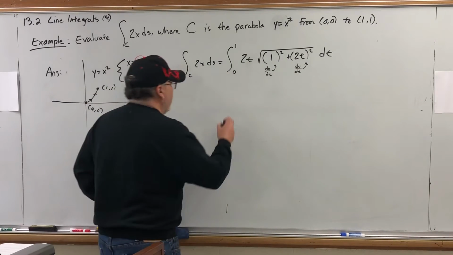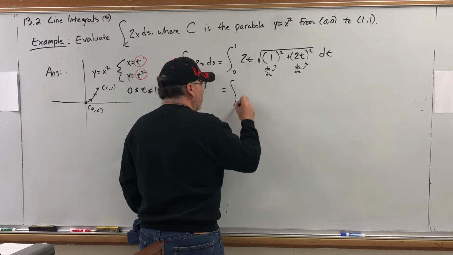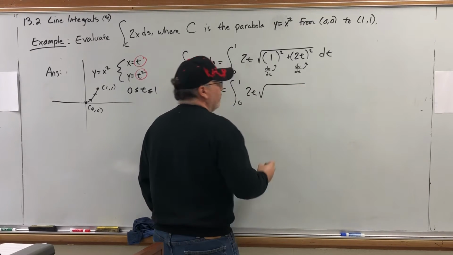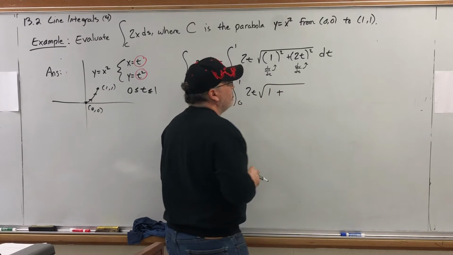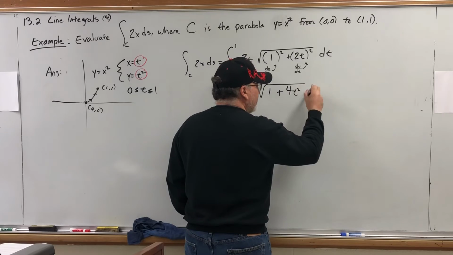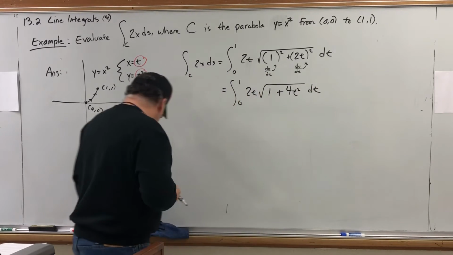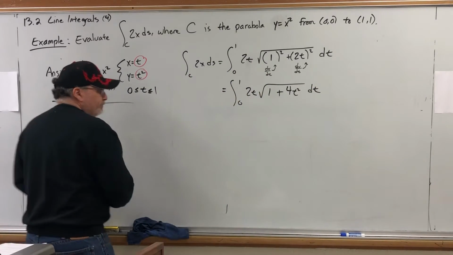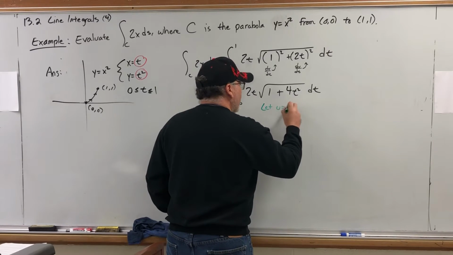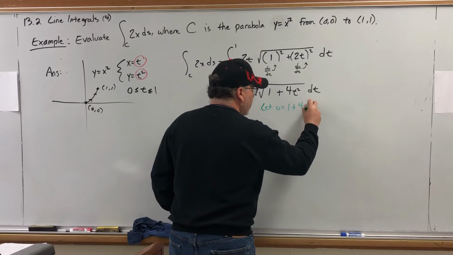So let's evaluate it. Integral from 0 to 1 of 2t times the square root of 1 plus, we have to square both the 2 and the t, so we get 4t squared dt. This is screaming substitution. So we're going to let u equal 1 plus 4t squared.